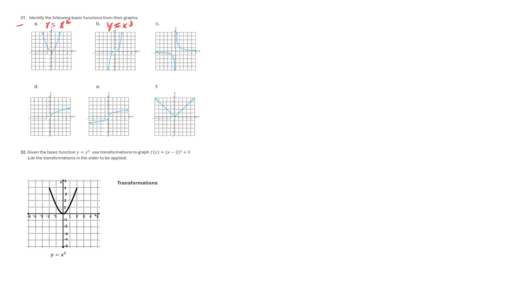C. We can see as we come from negative infinity and closer to x equals 0, we go down fairly steeply. And then on the other side, as we come from negative infinity up, or down to 0, we're going up, up, up. So that means we have a vertical asymptote. This appears to be a y equals 1 over x graph.